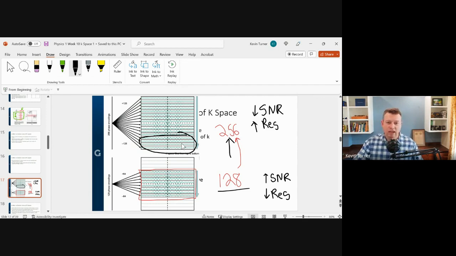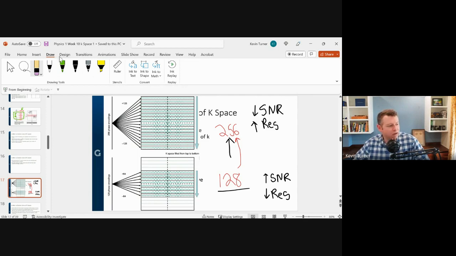Because every single echo is going to bring me the same amount of noise, but every new echo I have to generate is going to slowly give me less and less signal because I have to use a steeper and steeper phase encoding gradient to generate a different echo. All right. So yes, as you get a high phase matrix, to answer your question, Omar, yes, this is relative to the phase matrix.